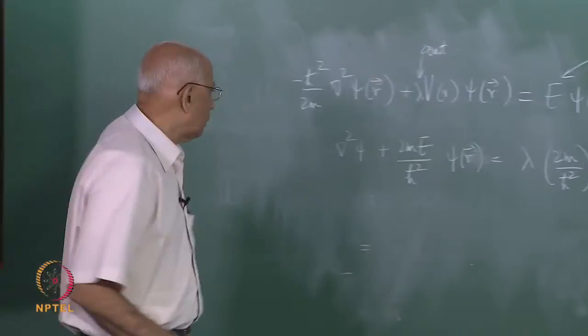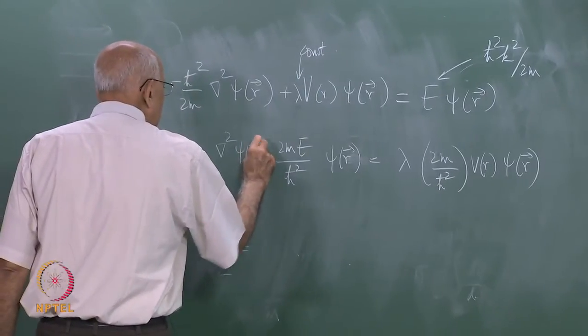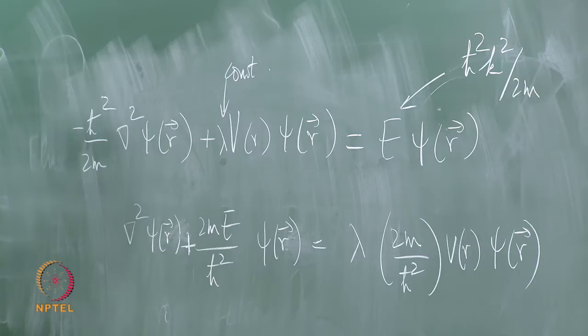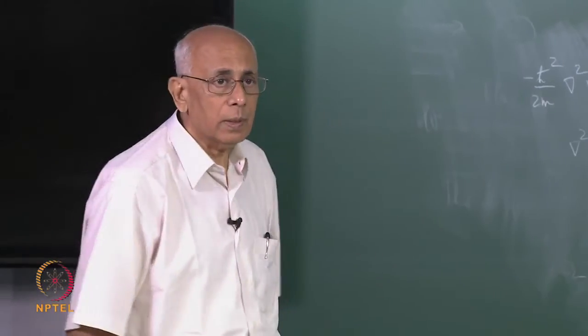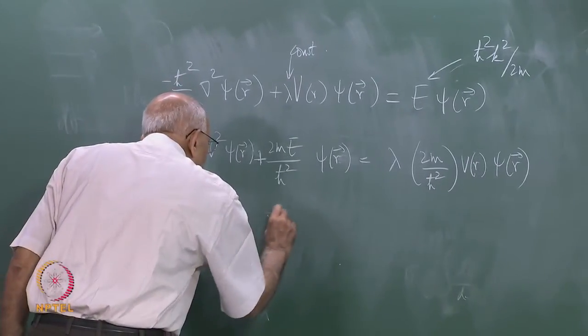Let us write it in this form. This is a function of r. I have moved the potential to the right hand side for the moment. But this you will recognize is precisely the Helmholtz operator.